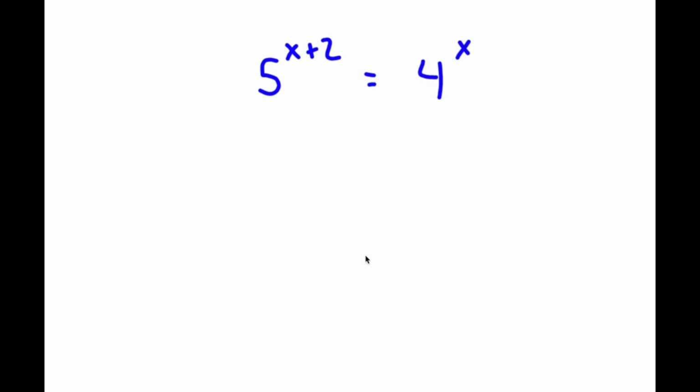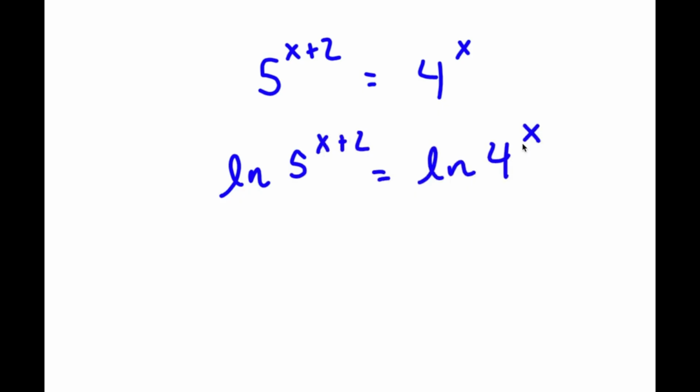Alright, so in this problem, I have 5 to the power of x plus 2 is equal to 4 to the power of x. So to solve this, I'm going to first take the natural log on both sides. So I have ln 5 to the power of x plus 2 is equal to ln 4 to the power of x. Now, if I have something in the form ln a to the power of b, I can actually move this exponent b to the front.